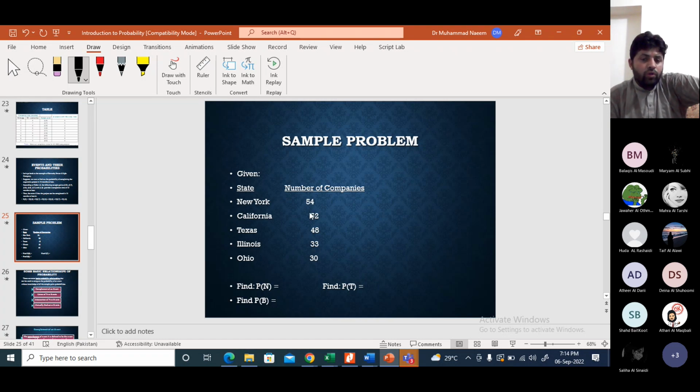We add all these numbers, and this becomes our denominator. In that case, we can calculate the probability of N by 54 divided by the total. And in case of the probability of B, sorry, I don't know the B here, maybe some error in the text. The probability of Texas is 48 out of the total. Okay.